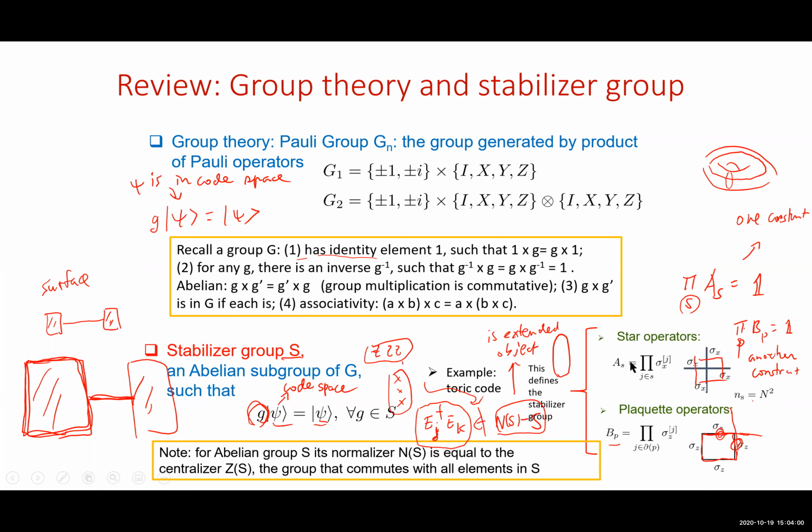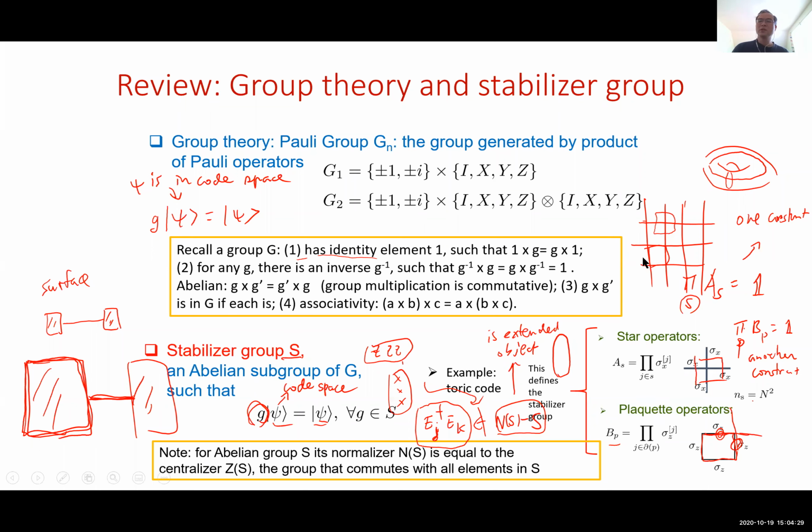So A and B generate the stabilizer group. Any product of AS and BP, because you have many, anywhere, it could be here and it could be there. You take any product of these AS and BP, and that generates the group.